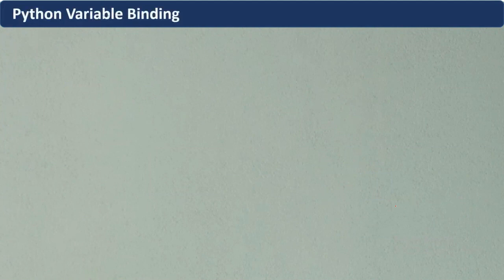Now let us see a very important thing. In the last lecture, we saw how variable binding happens, so let us explore that point very clearly. That is what we are going to see, Python variable binding, especially with a simple example. So try to follow the example. Nothing much is there in this discussion, but this is very important whenever you want to know the story behind what is happening whenever you execute any line.